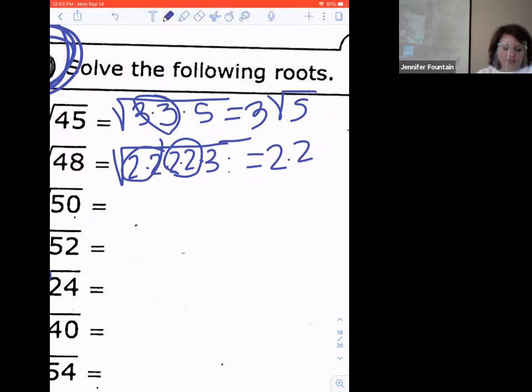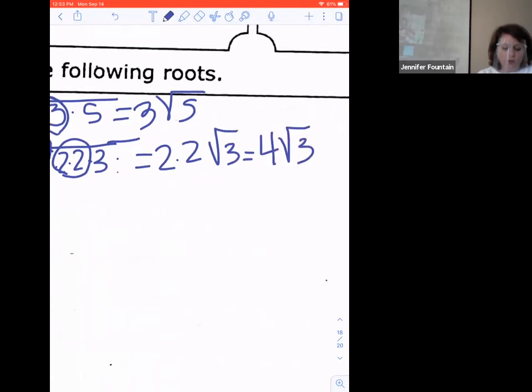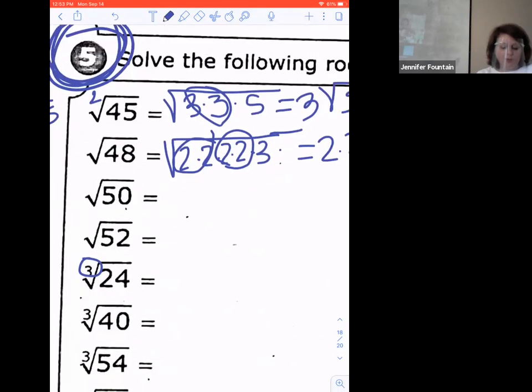Then we can see that our 3 stays under the radical. So our answer here is going to be 4 times the square root of 3. Any questions on that one? Good. All right, the square root of 50. What is our smallest prime factor? 2. 2 times what? 5. 5 times 5. Good, because 2 times 25 is 50. 5 times 5 is 25.